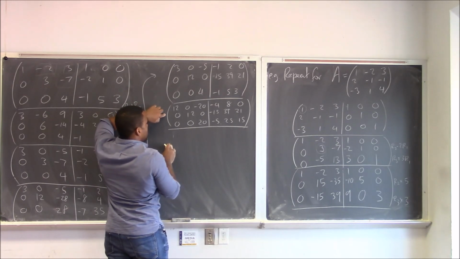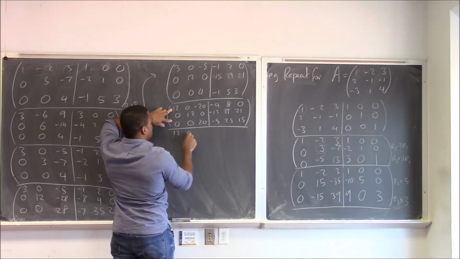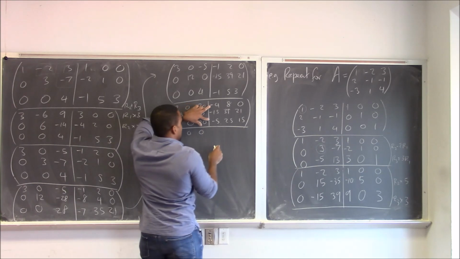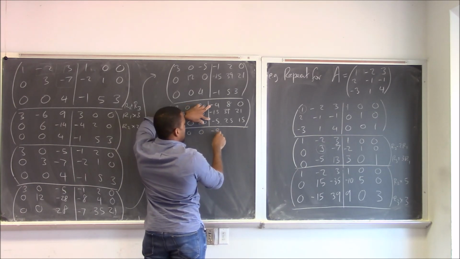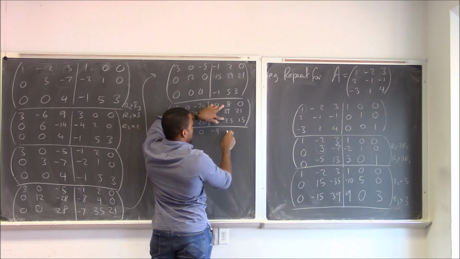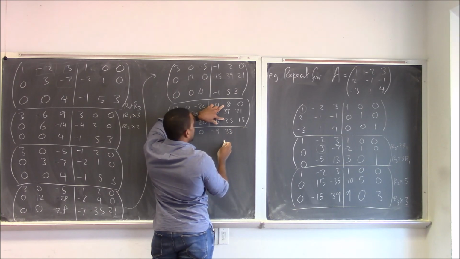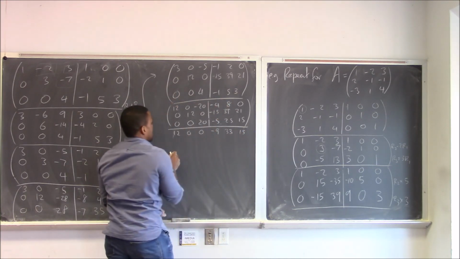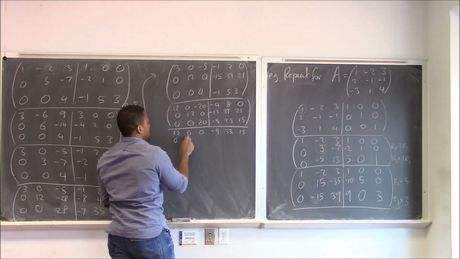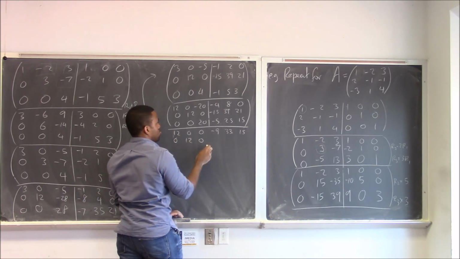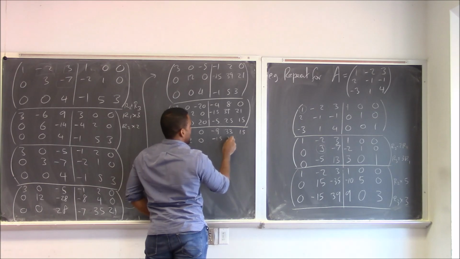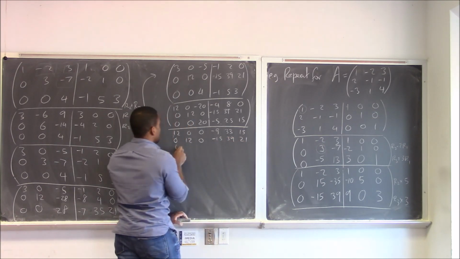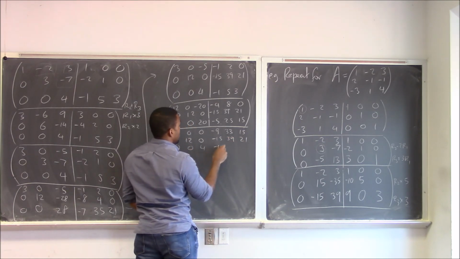And now I'm going to add these two, so that's 12, 0, 0. This will be minus 9. 25 plus 8 is what, 33? This plus that is 15. 0, 12, 0. 15, 39, 21. 0, 0, 4, minus 1, 5, 3.